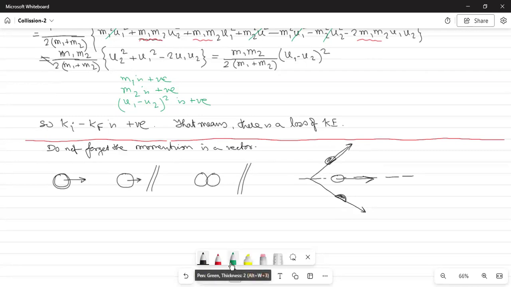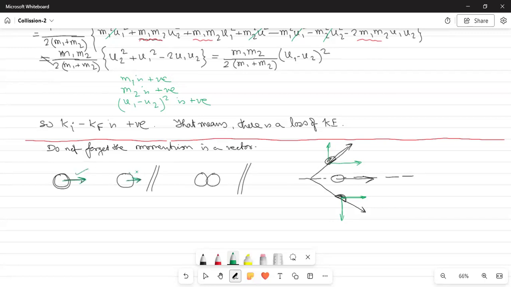So in all such cases, the momentum has to be split into x and y directions. You can take any two perpendicular directions, but x and y is normally what we do.